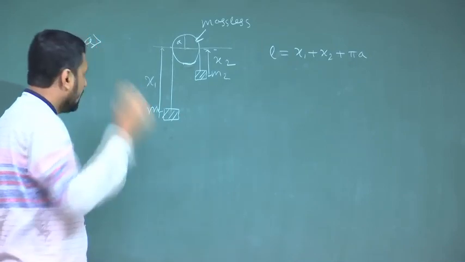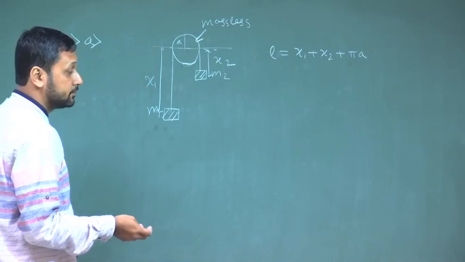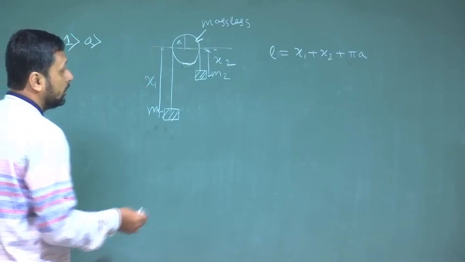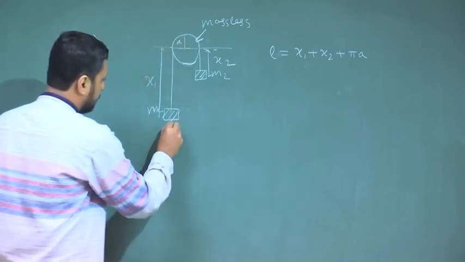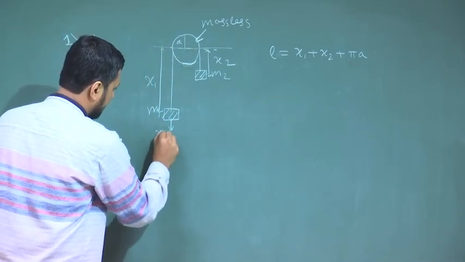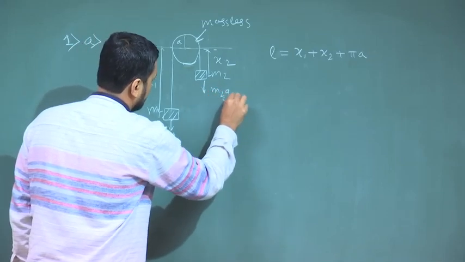So, in terms of D'Alembert's principle, how do we write it? If you recall, we have to get the forces. The force on the first mass is m1g, and on the second it is m2g.